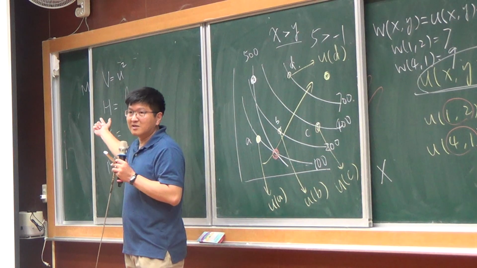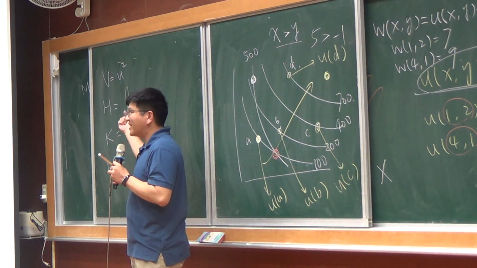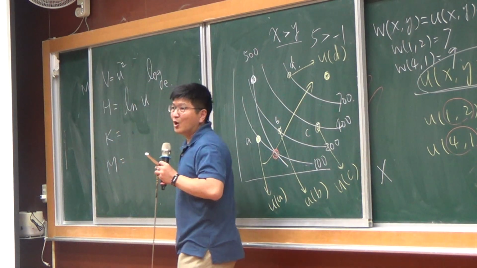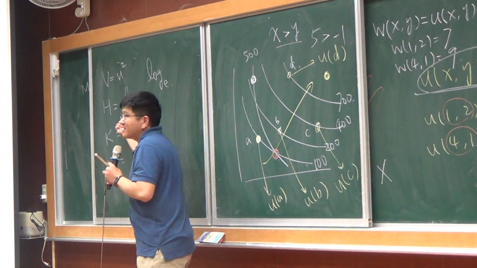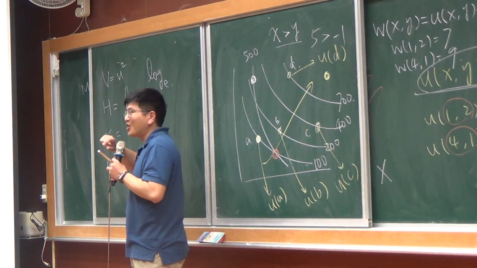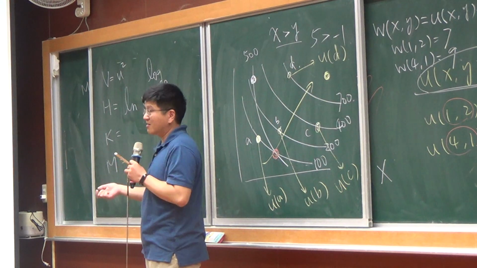Don't call this long. It's log. It's a natural log, and the base of this is actually the Euler number. Okay? So it is read as log, not long. Log is a natural log.